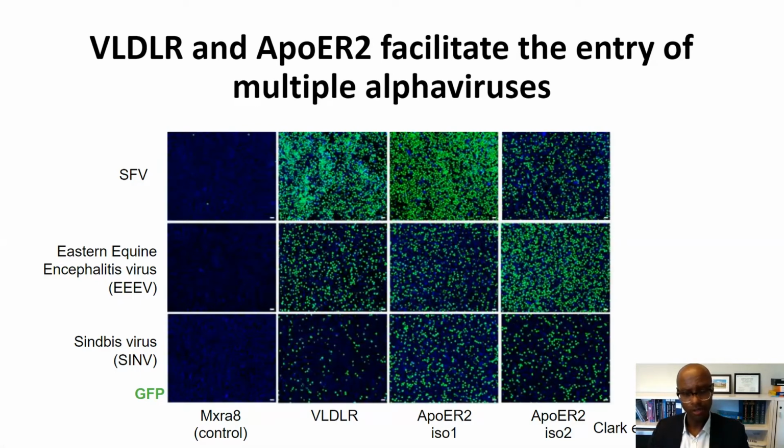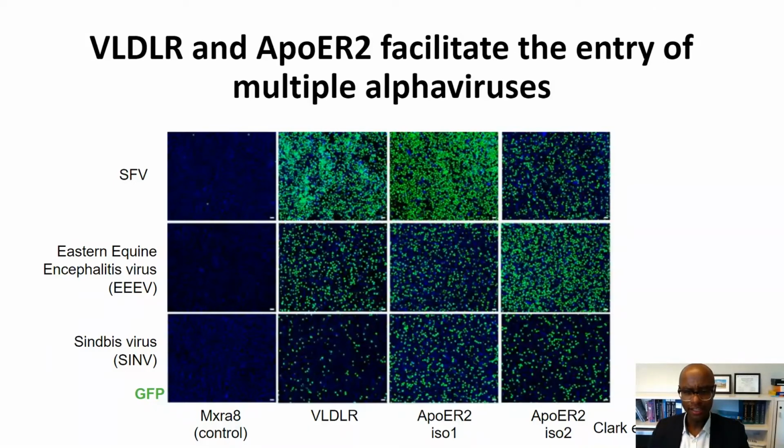I'm not showing you this here, but VLDLR and ApoER2 are also related to LDLR, which is LDL receptor, effectively. That's perhaps the best studied member of the family. So LDLR did not work, but VLDLR and ApoER2 did function as receptors for these three alphaviruses. We tested additional alphaviruses and saw no effect on entry.